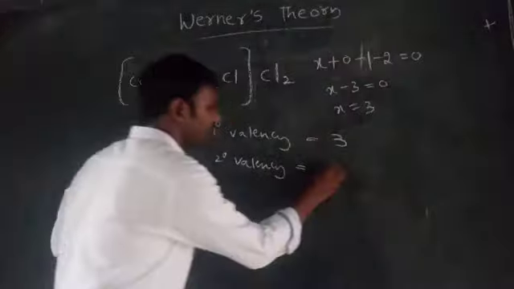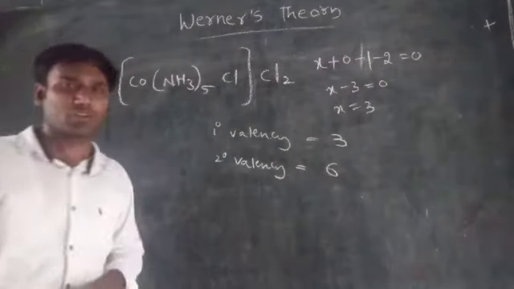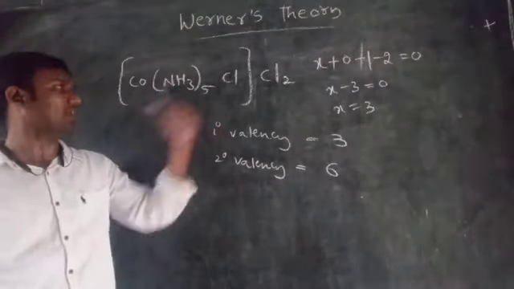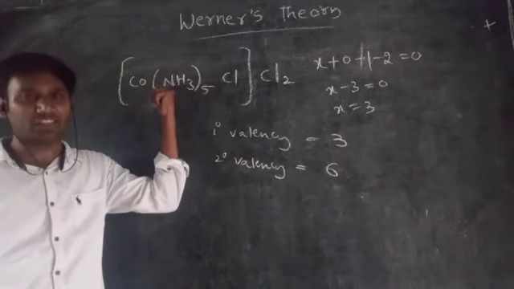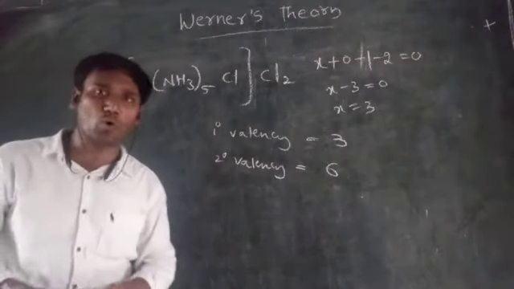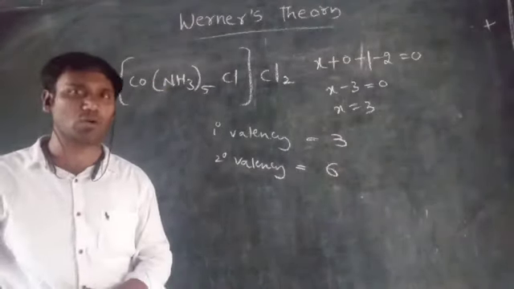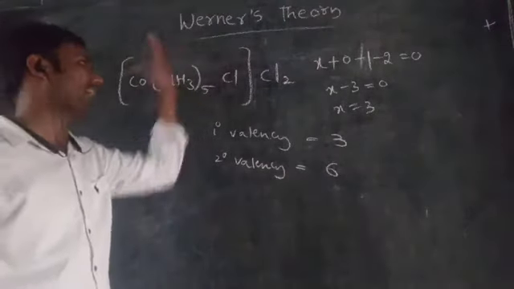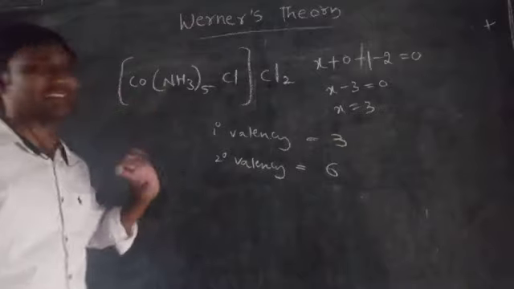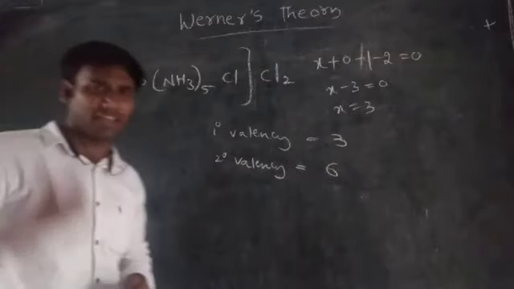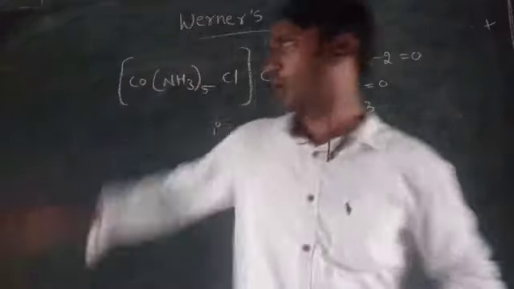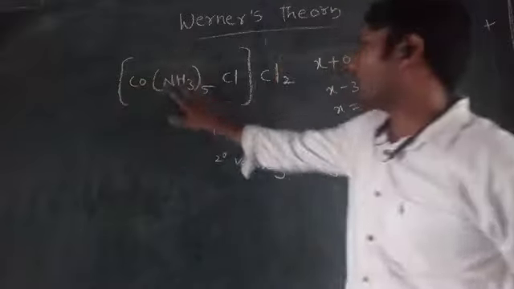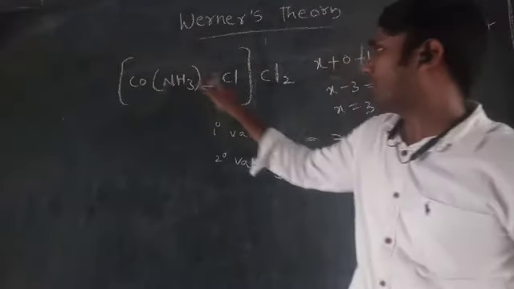That means the secondary valency here is 6. So once again, very important here. How can you find the coordination number of the central metal atom? The coordination number of the central metal atom is equal to the number of electron pairs donated to the central metal atom from their ligands, or from their surrounding species. Now here, about the cobalt, the surrounding species present are ammonia and chlorine.